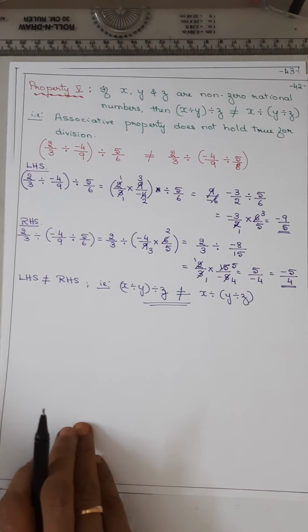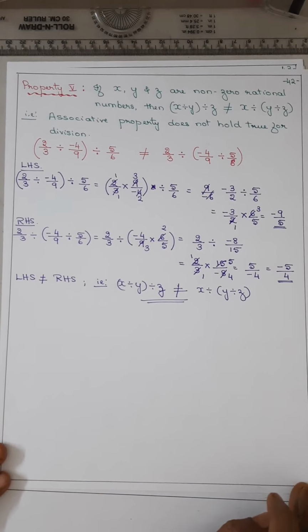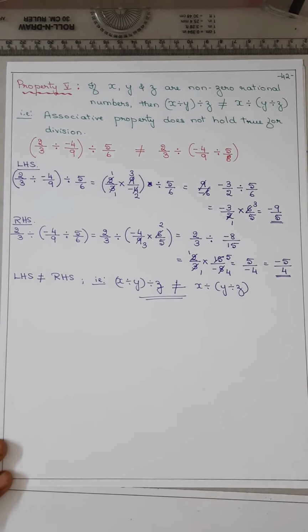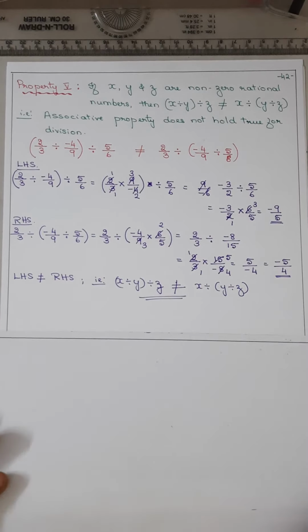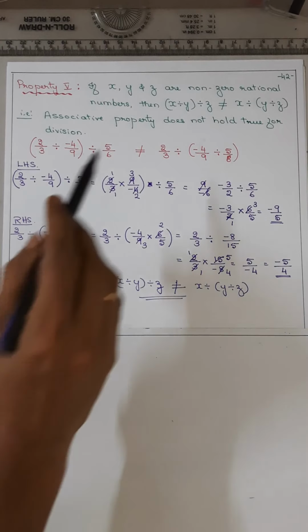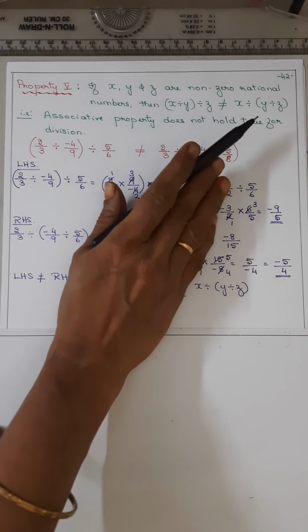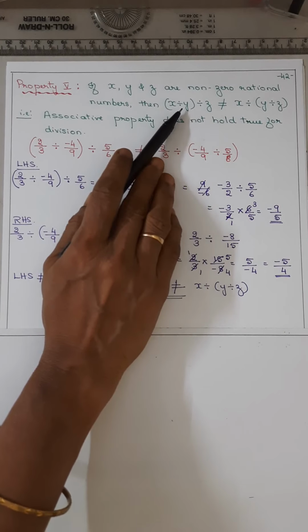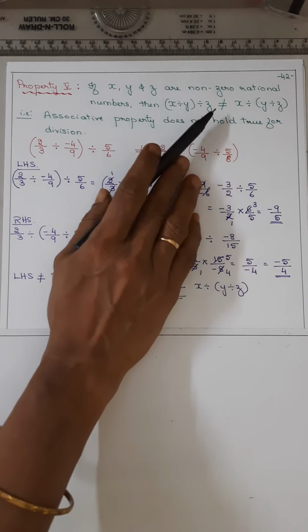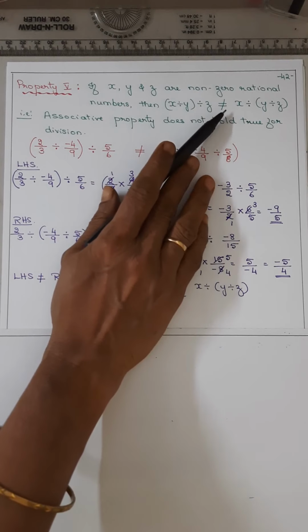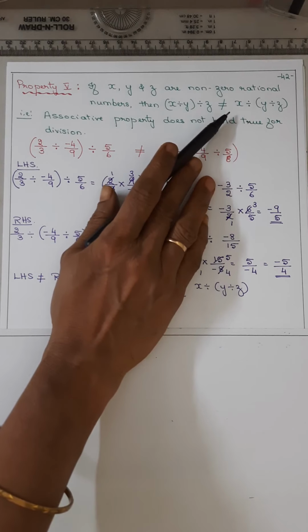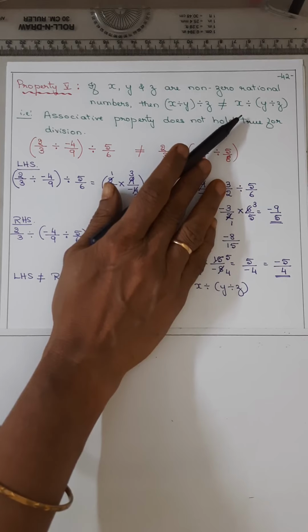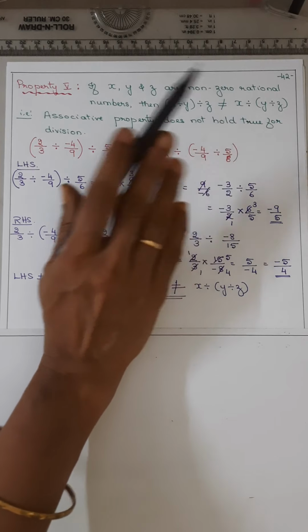Now coming to property number 5. 3 rational numbers. So what is it? x, y and z are non-zero rational numbers, and then x divided by y, divided by z, is not equal to x divided by y divided by z.